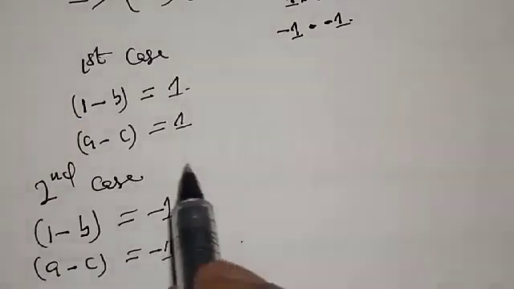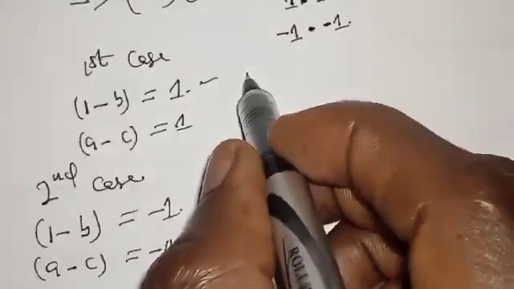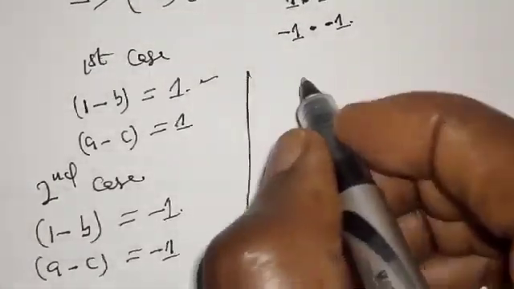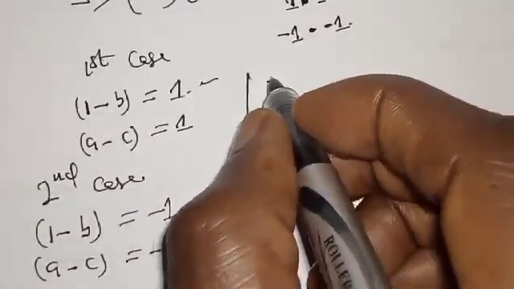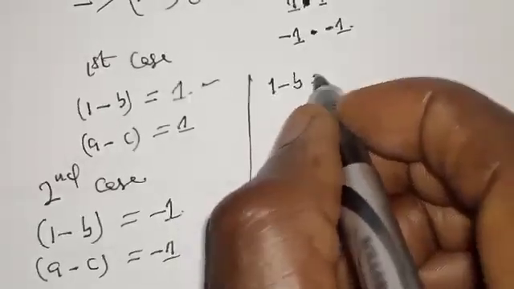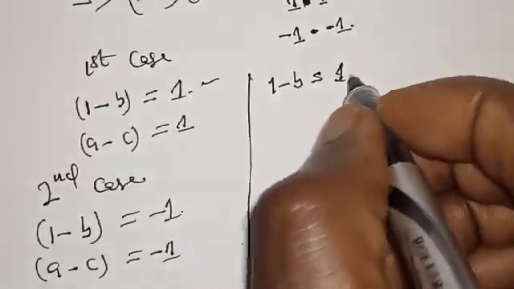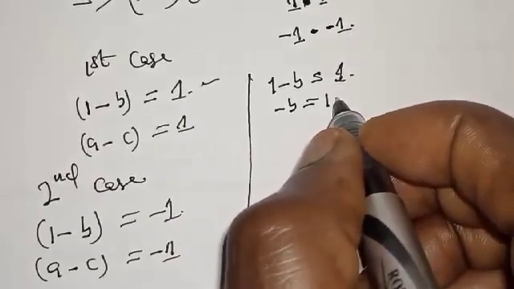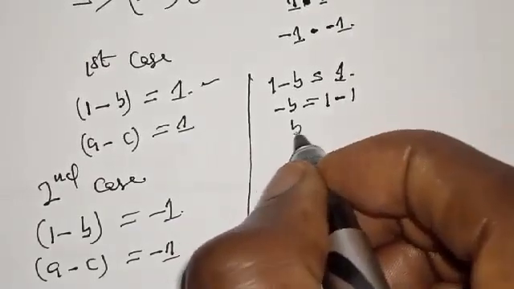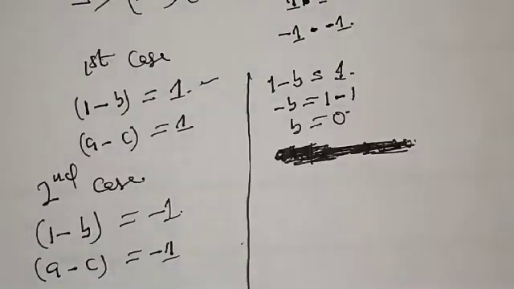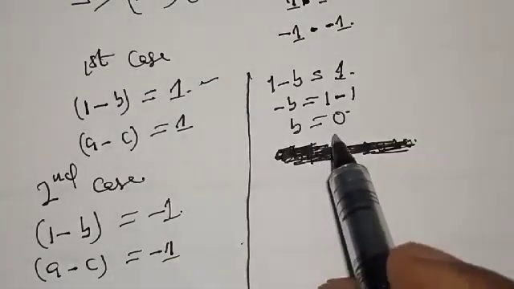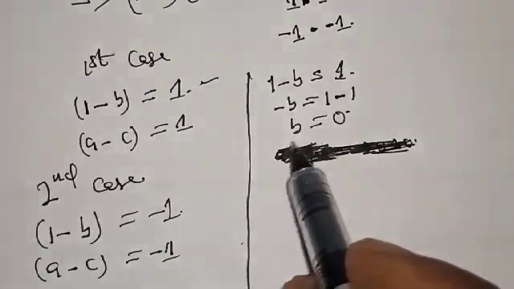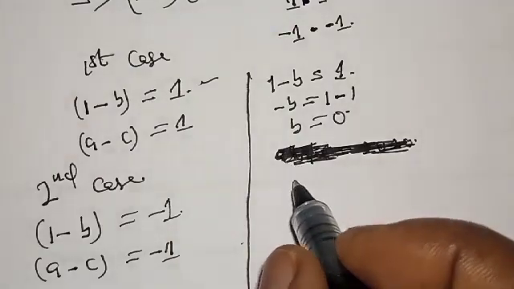This implies that from the first case here, we have 1 minus B equal to 1. Therefore, minus B is equal to 1 minus 1. B now will be equal to 0. So we've known the value of B to be 0. Let's substitute for B from equation 2.